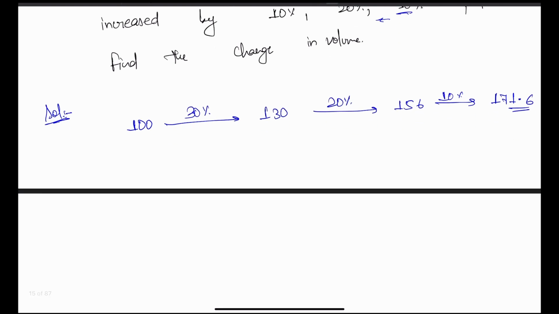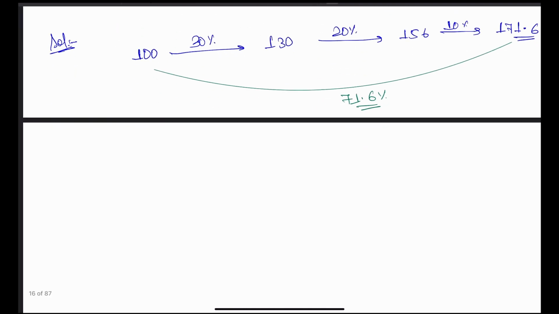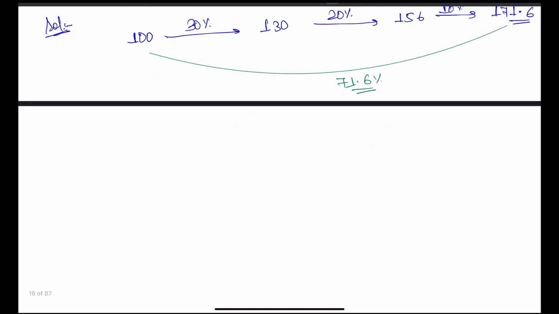So how much is the increase? The increase will be 71.6%. Or the other way of doing this is a 10% increase, and then a 20% increase, and then a 30% increase.